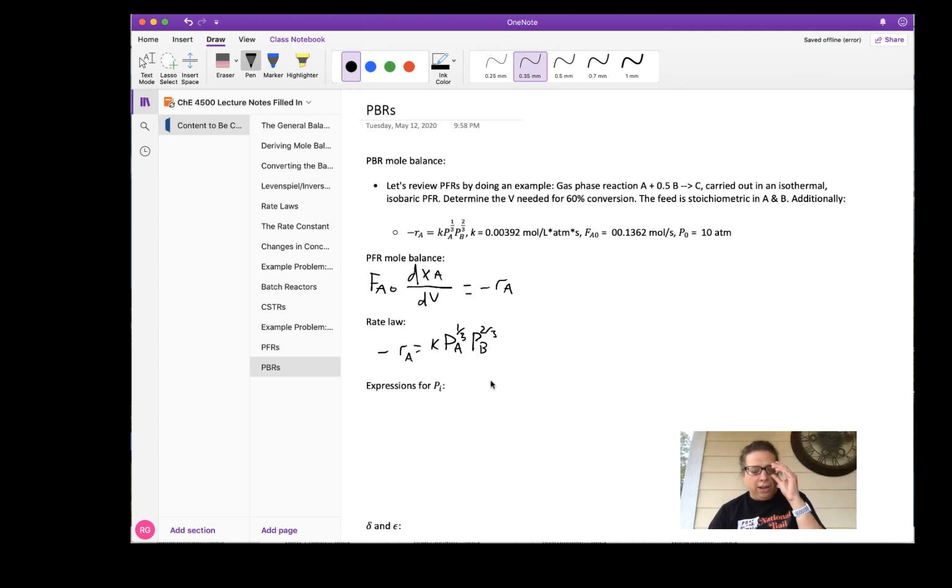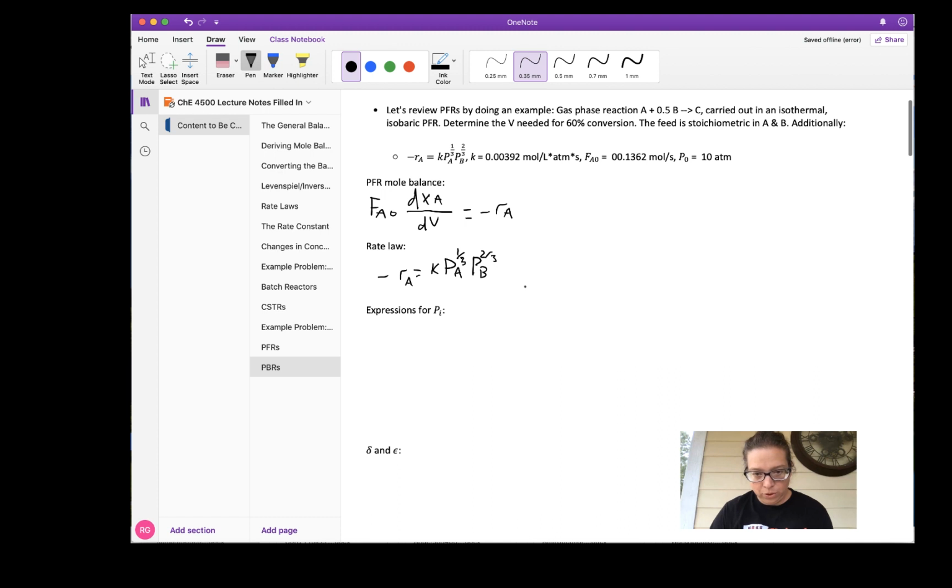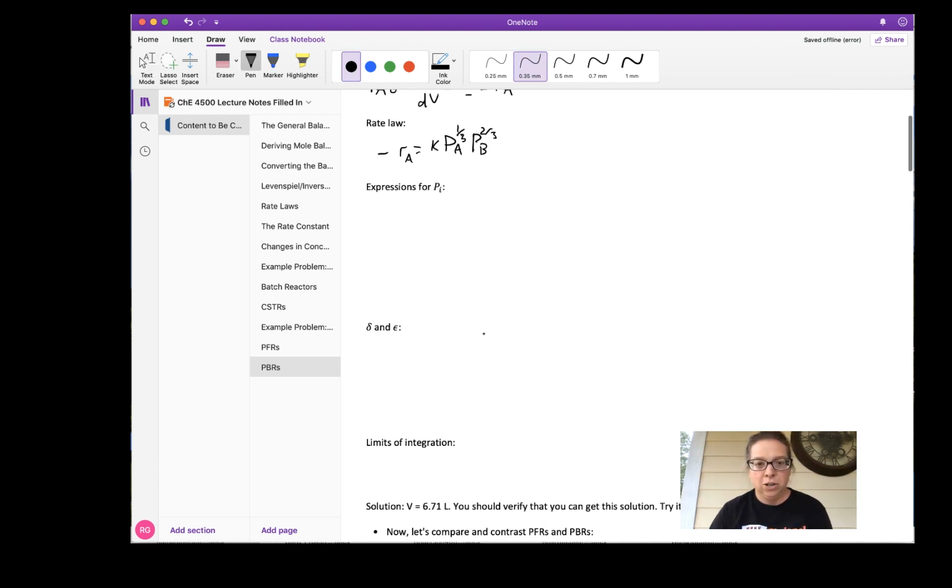And so now if I were to insert this expression into here, I would have a convolution of variables. I'd have P variables and X variables. So I need to get those all in the same terms. So I'm going to write my pressure terms in terms of conversion.